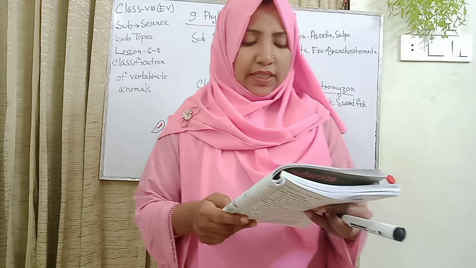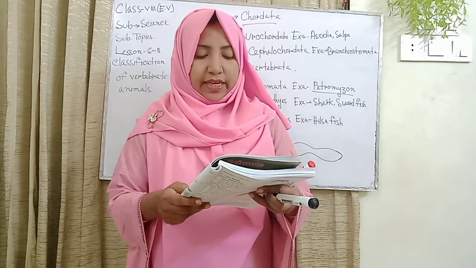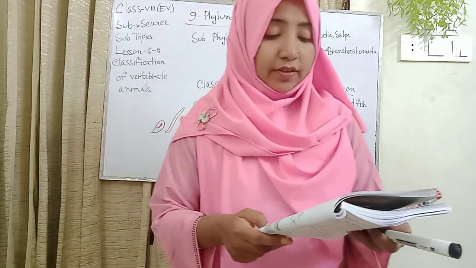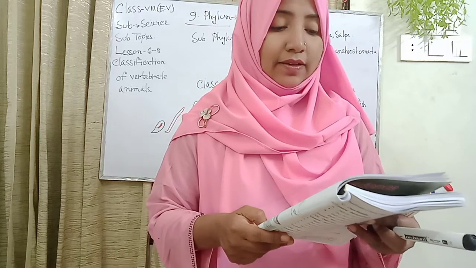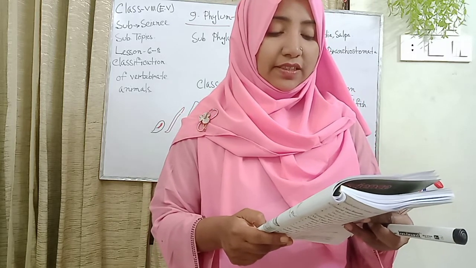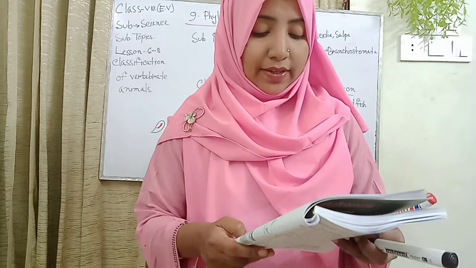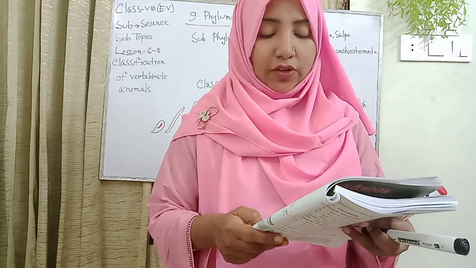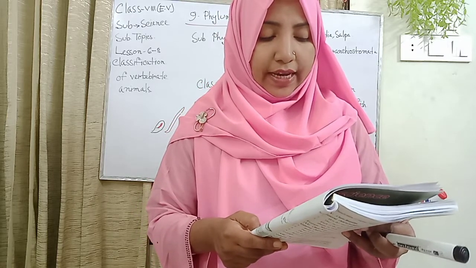They are mostly freshwater fish, with skin having cycloid scales. Dear students, when I explained Chondrichthyes, they had placoid scales. Now these have cycloid, ctenoid or ganoid scales.